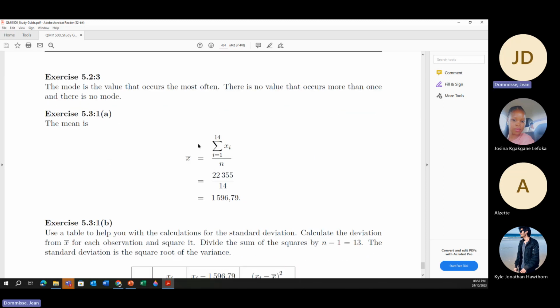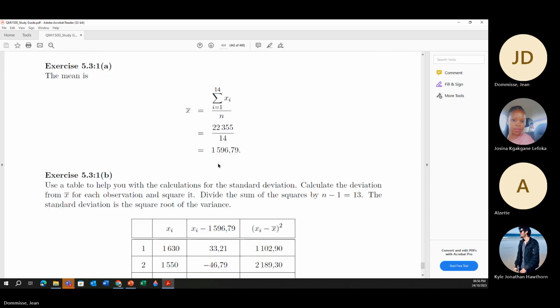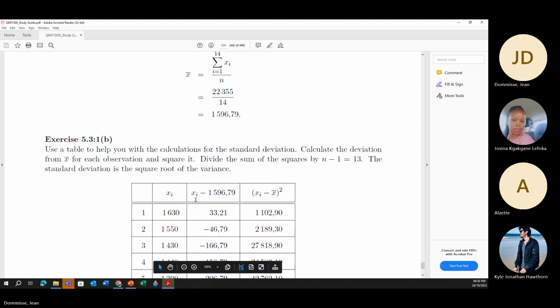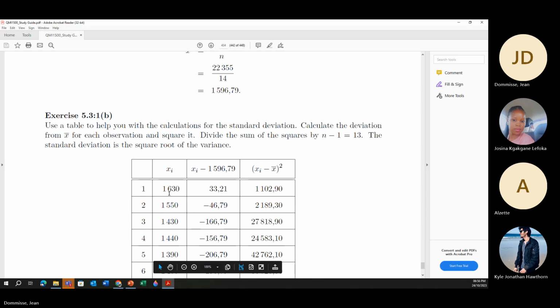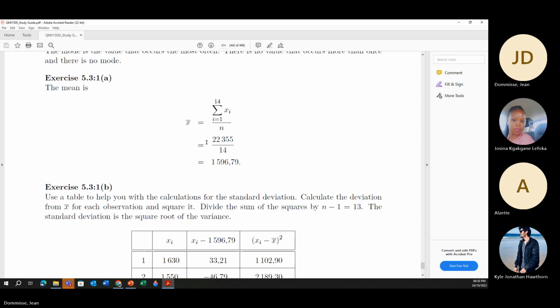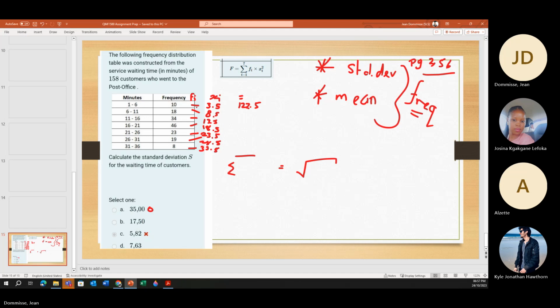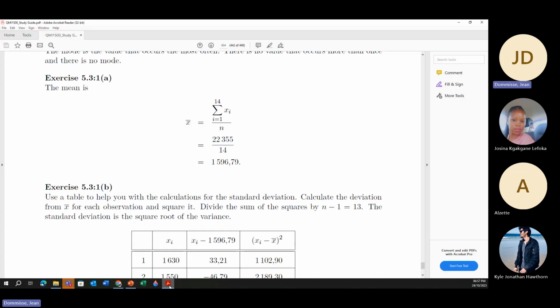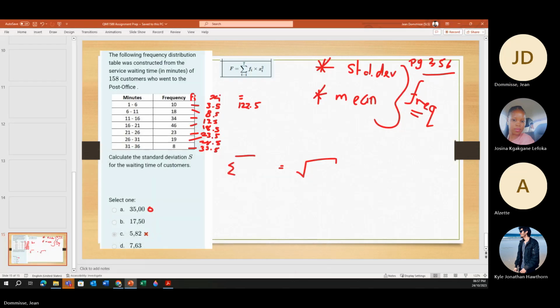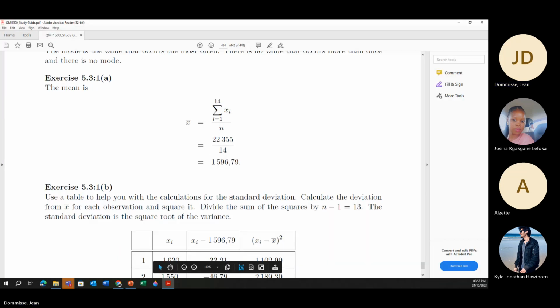Okay, mean is fine. So we can work out the mean, the sum of xi divided by n.